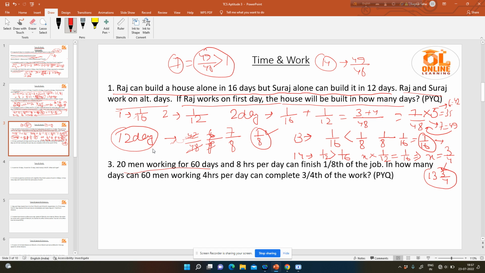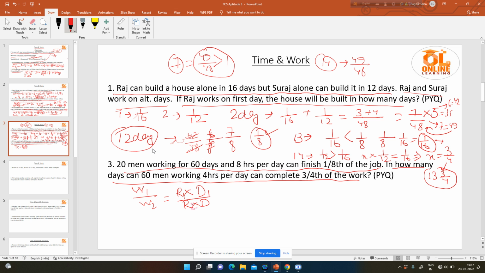20 men working for 60 days and 8 hours per day can finish 1 by 8 of a job. In how many days can 60 men working 4 hours per day complete 3 by 4th of the work? At the beginning, in the concept section, we have seen a formula, that is work 1 by work 2 is equal to resources into days by resources into days.